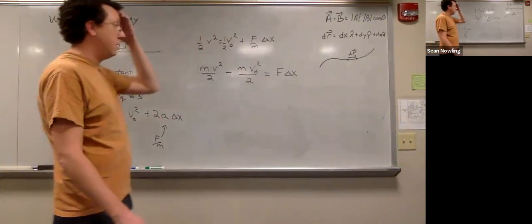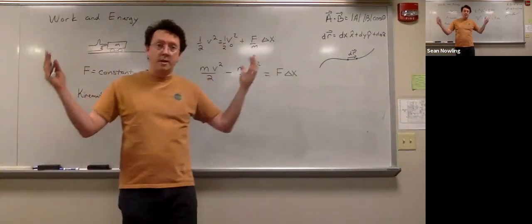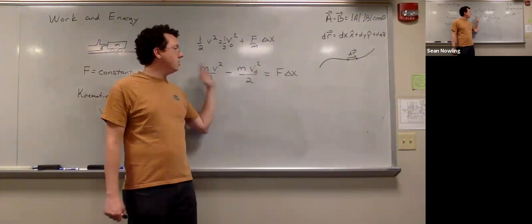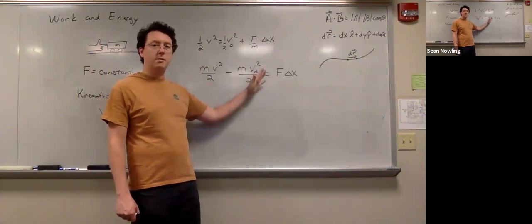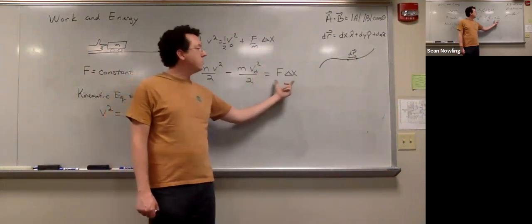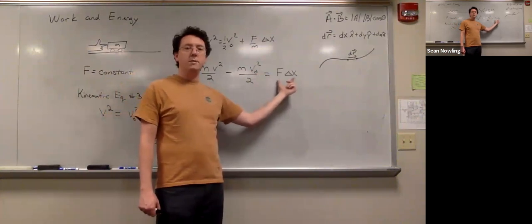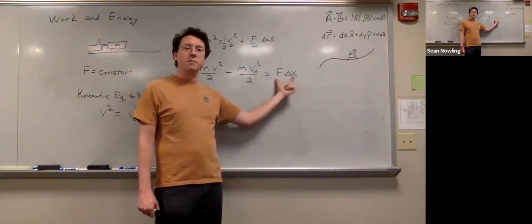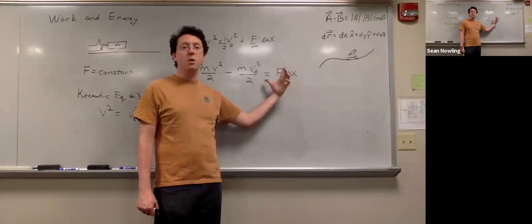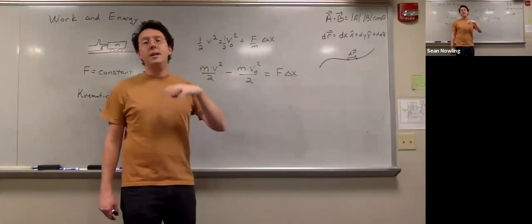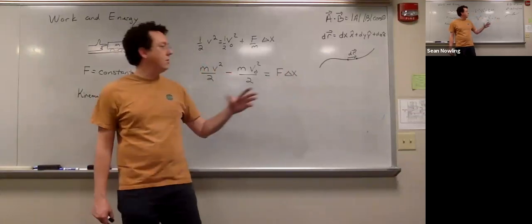Well, using my general idea of a conservation law, the change on the inside of the system corresponds to the amount of interaction. This force times delta X is going to correspond to work in this example, okay?